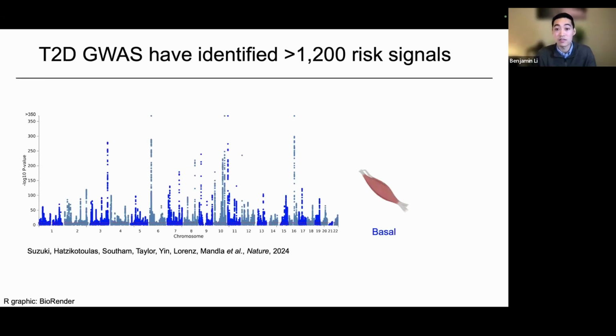So we can think of disease-relevant stimulatory contexts. A central hypothesis for this project, and what I'll talk about today, is that a greater understanding of both the cell-type-specific and stimulatory-context-specific regulation of these risk signals can help us better understand T2D and other polygenic diseases, and potentially identify future druggable targets.